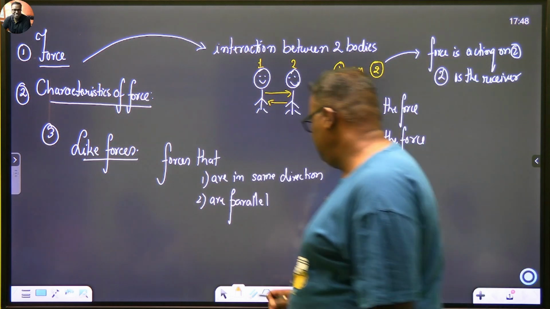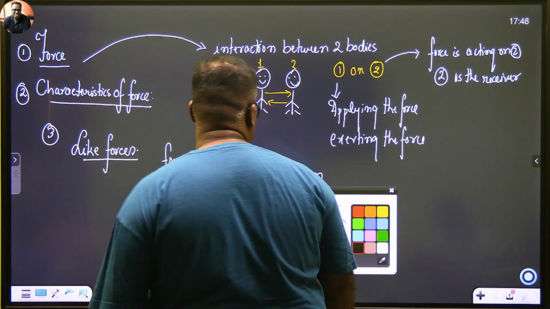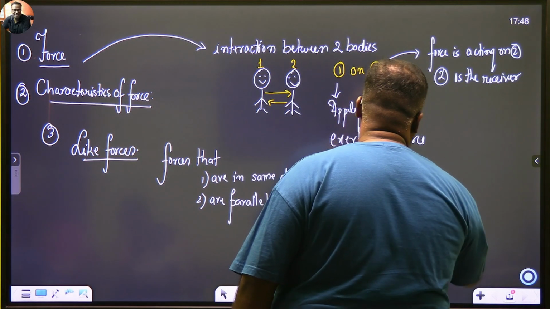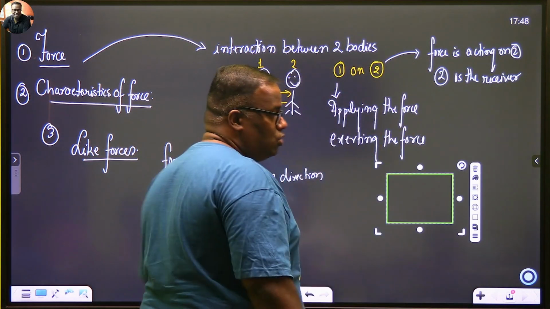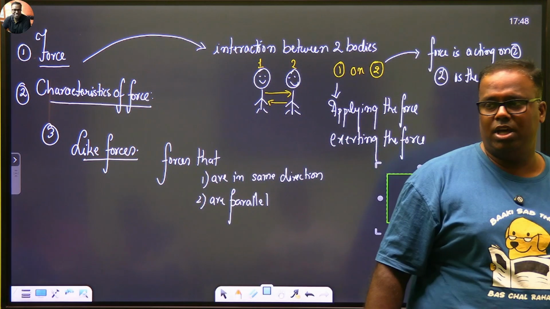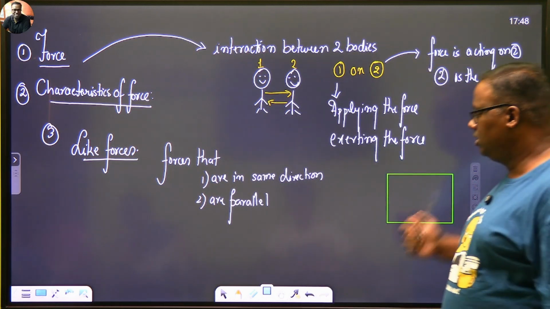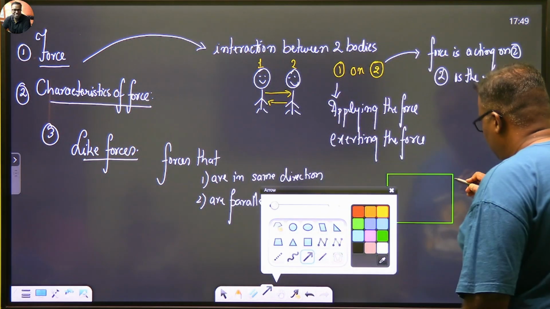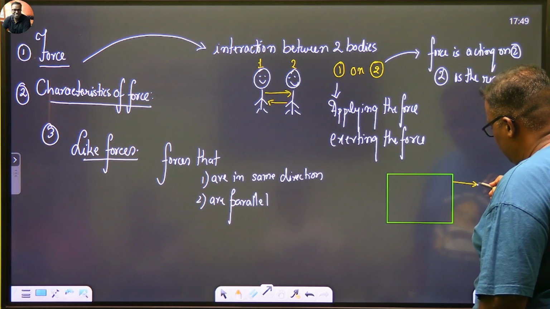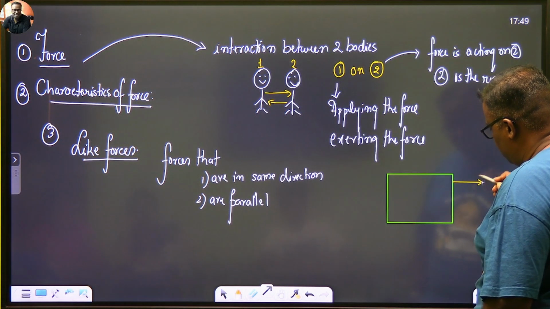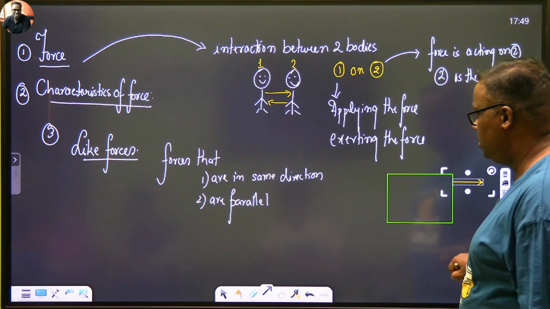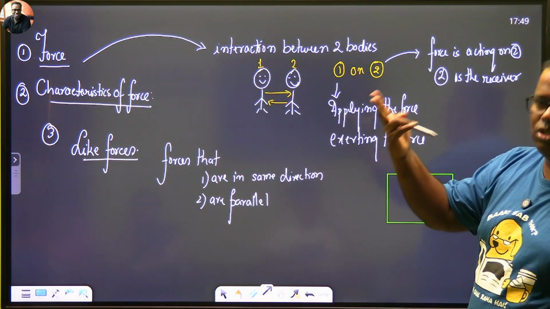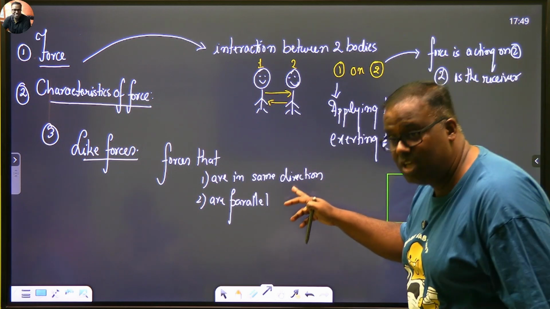So let us try to understand what we are trying to say. Let me say that there is a block out here. This is a block. So forces which are in the same direction. Let's try to pull the block this side. Which side will we pull it? We'll pull it towards my right. Okay. So look at me. I am pulling this force, this is the first force. So what does the definition say? Forces, it can be two, it can be more than two, they should be in the same direction.